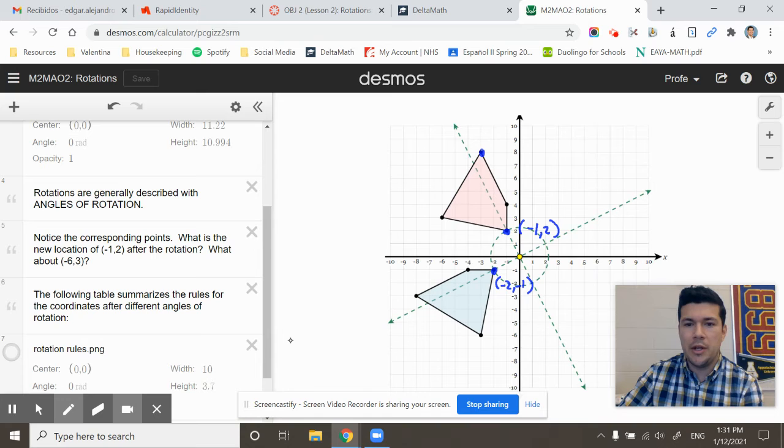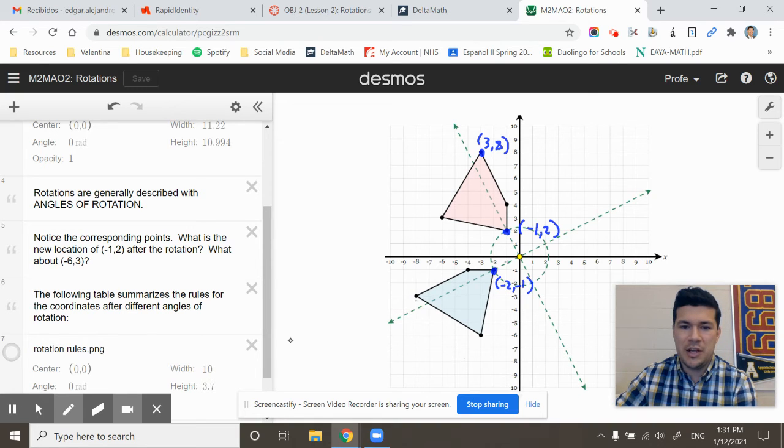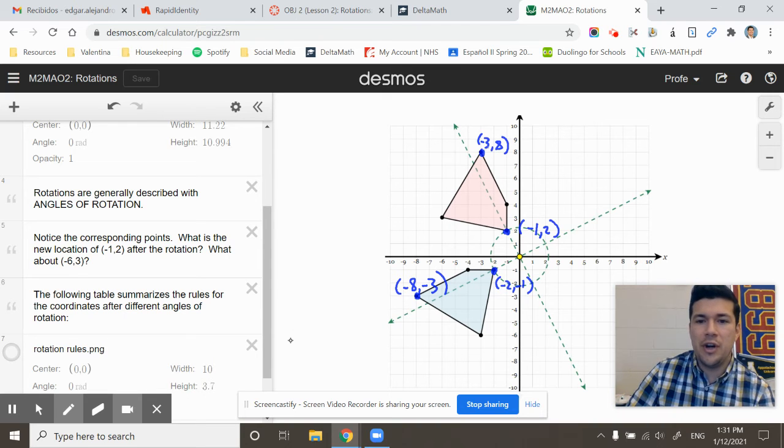So I'm going to choose the point right here, -3, 8. If I go around 90, 180, and then 270, I notice that the point now becomes -8, -3. So you notice that your x swapped places with your y, but the y became negative.